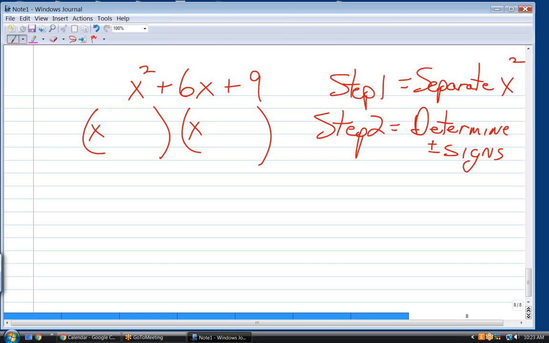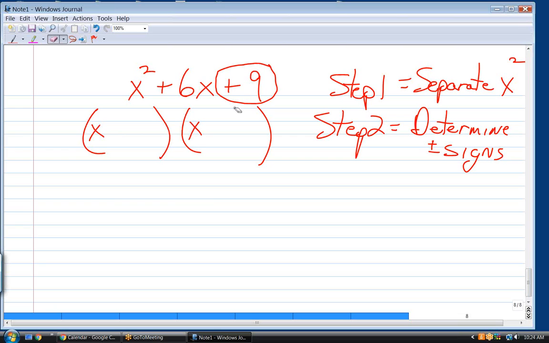What we're doing is reverse multiplication. In our first session, we talked about how you multiply a binomial by a binomial. You use that expression called FOIL, where you multiply every term by every term. Well, this is going backwards. I'm taking a quadratic and separating it into two linear terms.